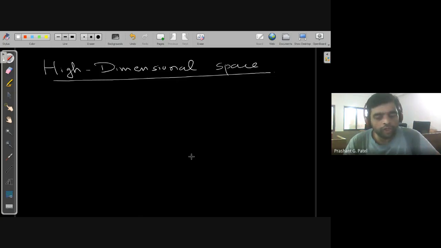Also, the volume of the unit ball in d-dimensional space, the set of all points x. When you say a unit ball, that means the set of all points in R^d, the d-dimensional space, such that the norm of x, if this is a vector in R^d, is less than or equal to 1.